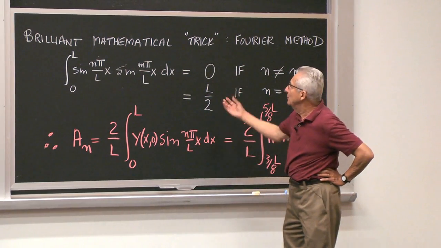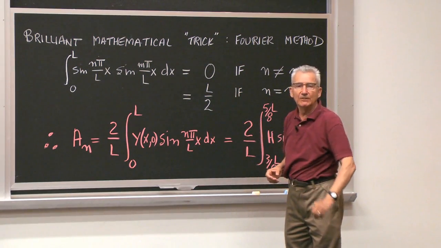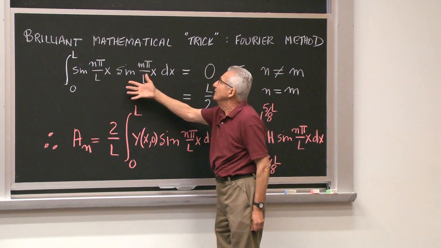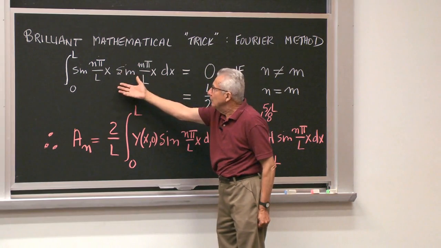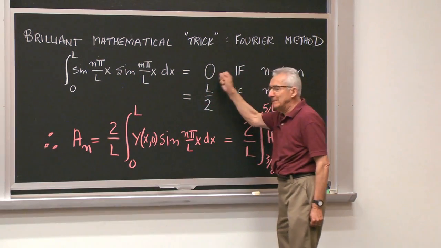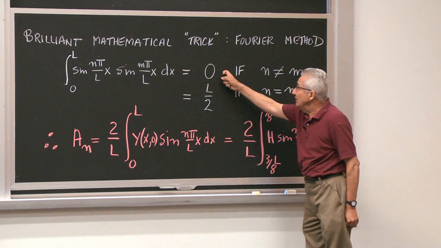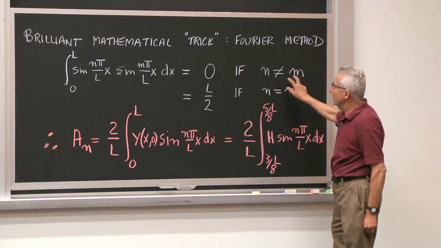Try it, a good exercise for yourself. Take this function and do the integration, and you'll find it comes out to 0. It's not hard to do. So that is 0 if n is not equal to m.